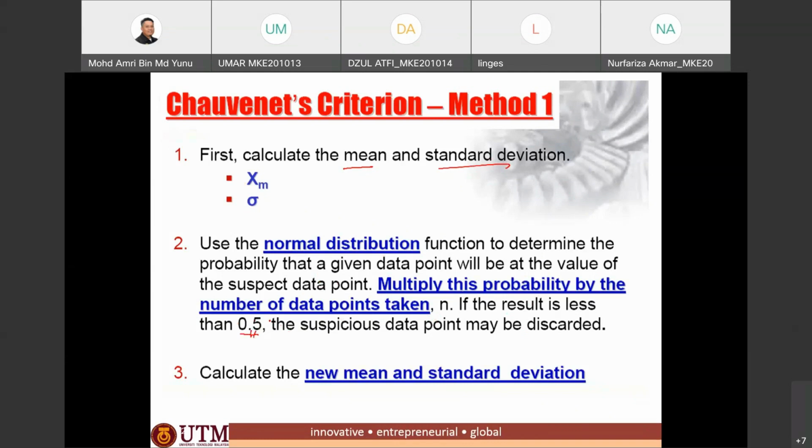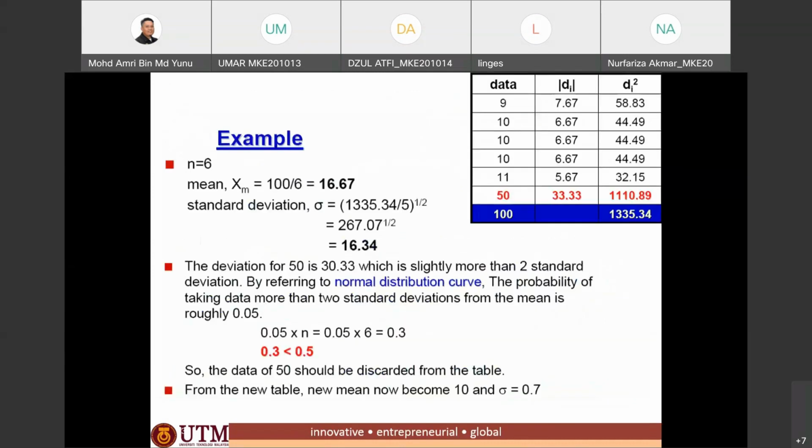So if for a specific data point the result is less than 0.5, that data we can omit, we can remove, and then we calculate the new mean and standard deviation. We will look into that step by step. Okay, let's look at this example.